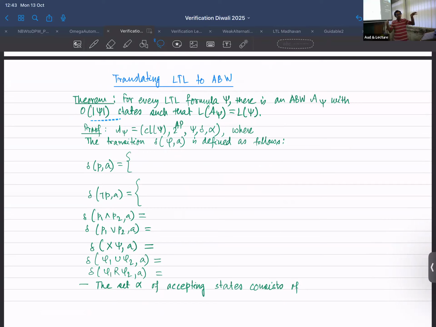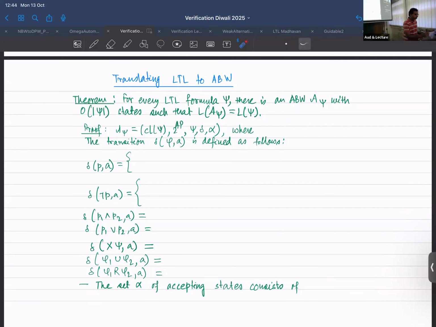You can consider all the different propositions, the subformulas, and the connectives. So the size of the subformulas plus the size of the connectives gives you the size of the formula. If you express the formula in the form of a tree, then the number of nodes in that tree will be the size of the formula.